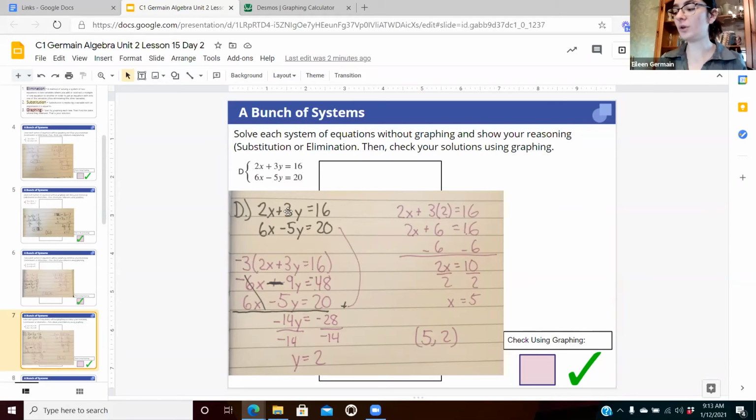The x or the y here? So if we're looking at these y's here, could I multiply one of these equations to get the y's to be equal?